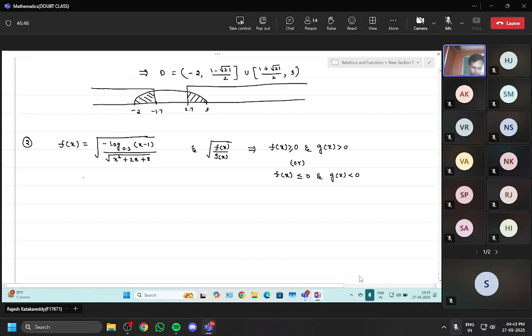Now I have an inside square root thing. I am writing log of (minus 1 into log base 0.3 of x minus 1) divided by square root of x square plus 2x plus 8, and this should be strictly greater than or equals to 0. Observe the denominator, it is a square root of something.